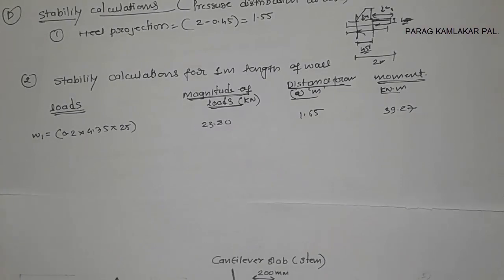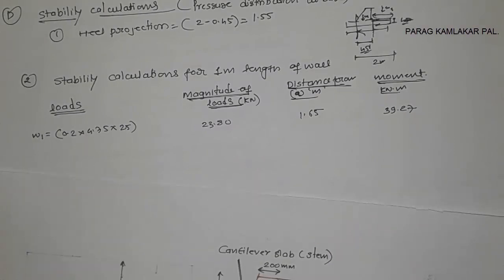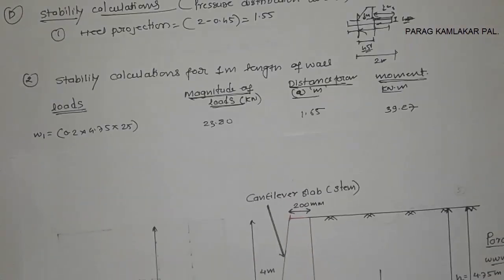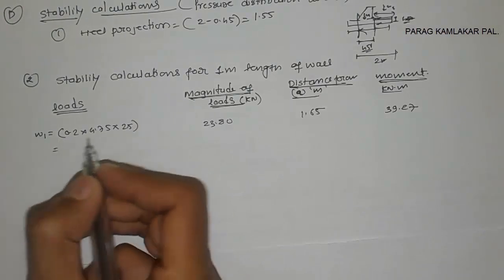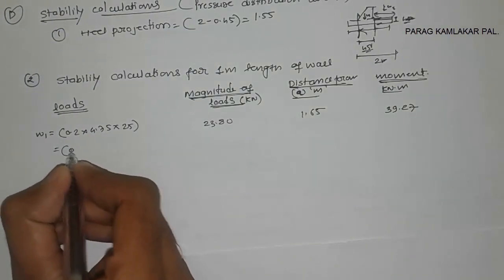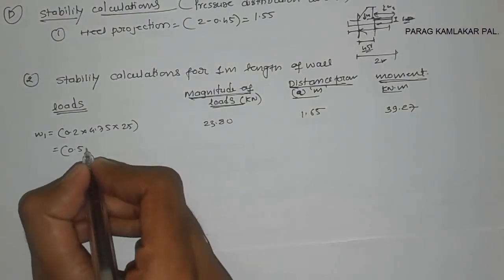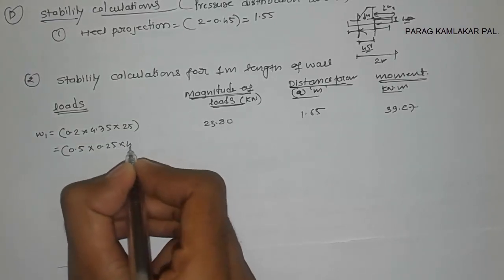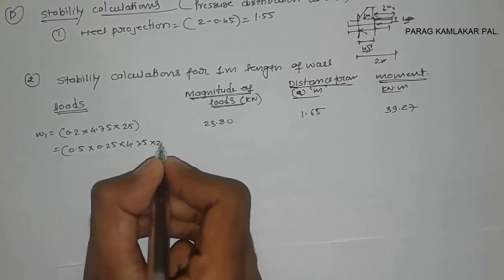Now second we are going to calculate W2, but in W1 there is also one more value that we should not forget; we need to calculate this value also. W1 has another formula, a different value, which is 0.5 multiplied by 0.25 multiplied by 4.75 multiplied by 25.